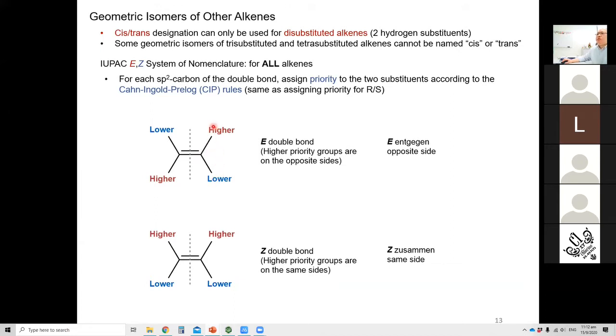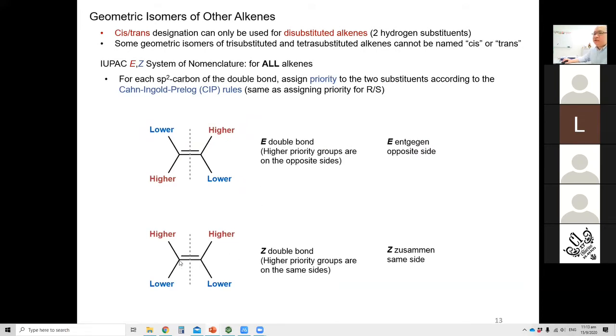If the two higher priority groups are on the opposite side of the alkene, we call it an E double bond. It's Latin, I believe, from entgegen, which means opposite side. Higher is opposite to higher, which means lower is also opposite to lower. Then we have the Z double bond.